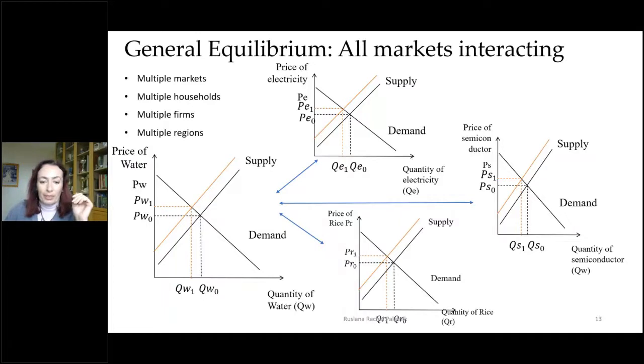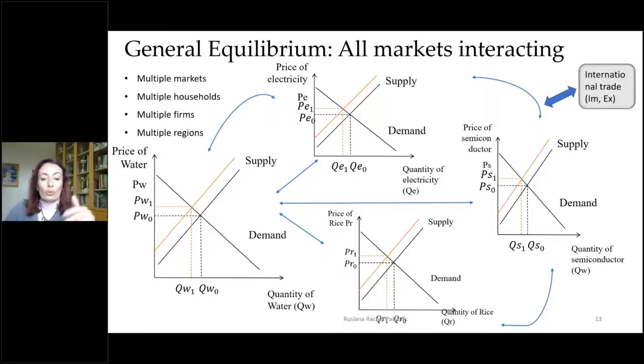Apparently, production of semiconductors, I learned, is very water intensive, and the 2 years drought in Taiwan increased the cost of production of semiconductors and reduced the quantities supplied. So as we see in this example, the shock to the local market in Taiwan has implications for the global economy, through the international trade of this important part required in every electronic appliance.